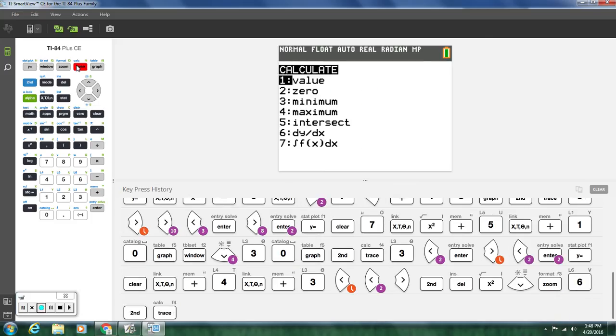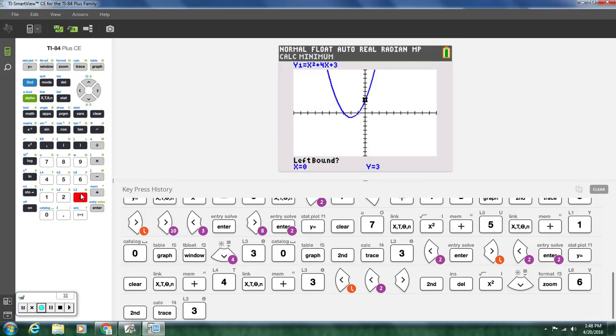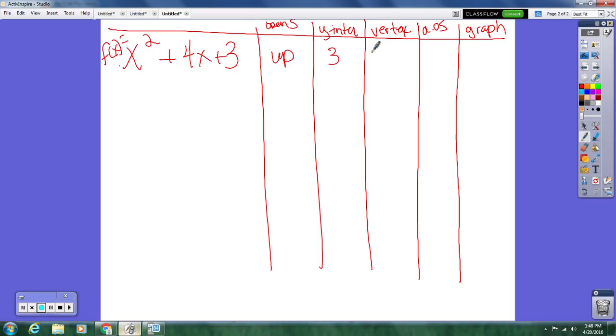Second, count, minimum. And then remember we go to the left of it, hit enter, and go to the right of it and hit enter. And hit enter one more time to get that vertex. So our vertex is -2, -1. So then we could fill in our vertex, -2, -1.